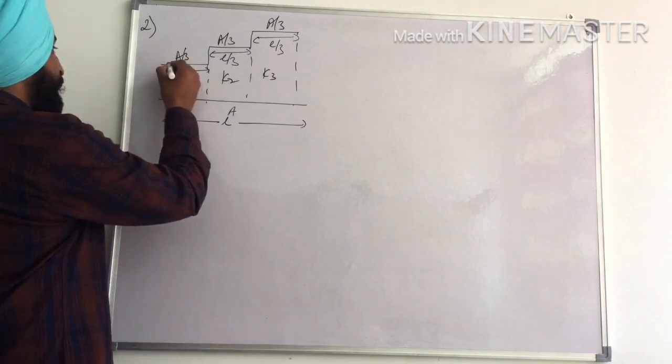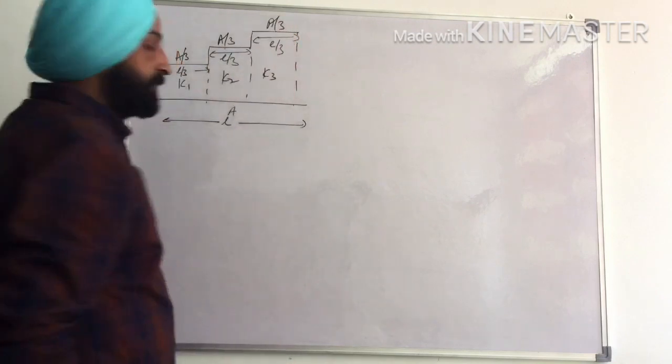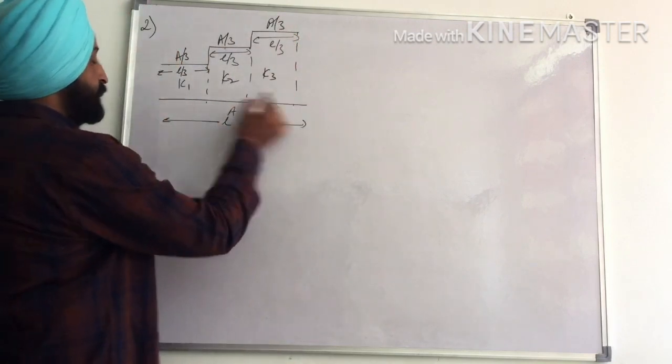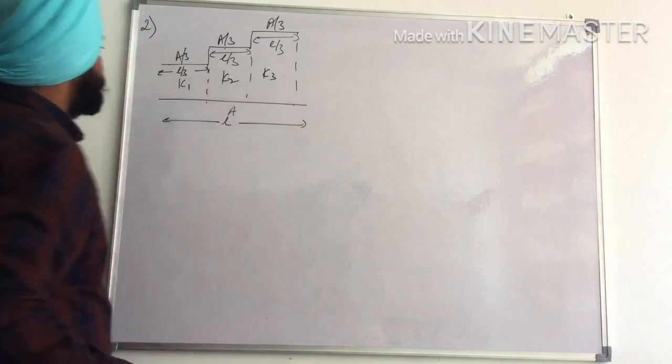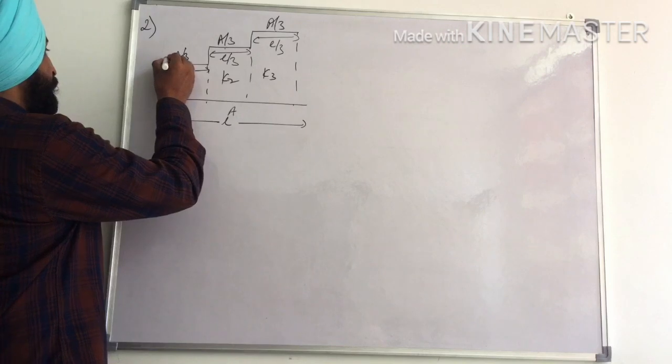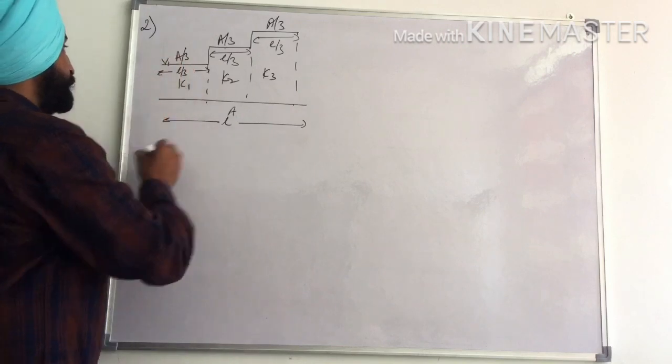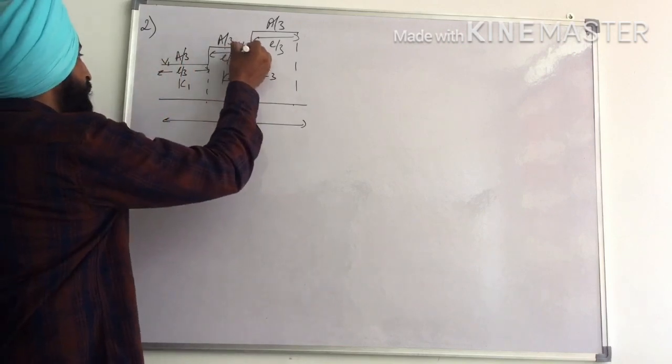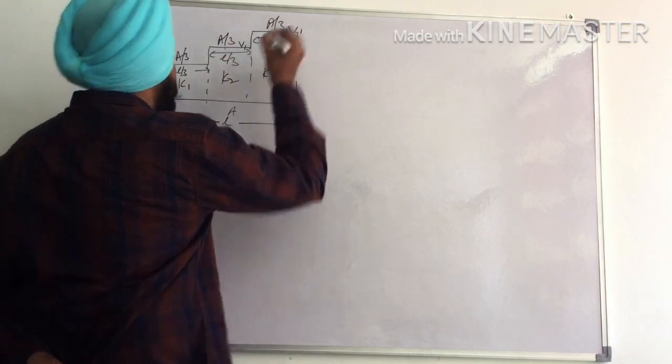So here also, here and here, the potentials will be same, and this plate is of course at a same potential. Now if here potential is V1, then here again it will be V1, here again it will be V1.